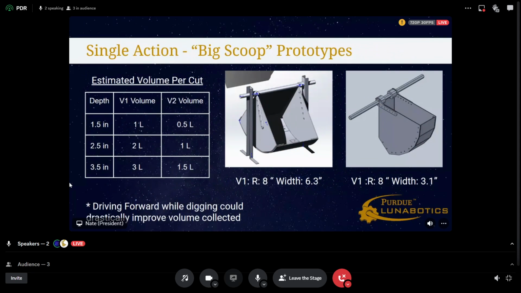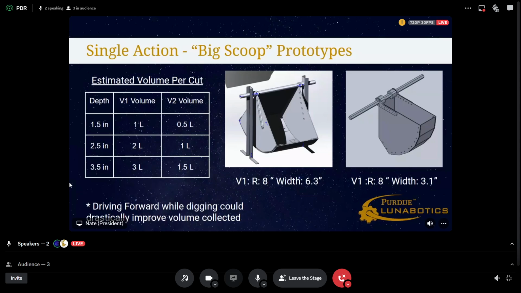So we made two prototypes. You can see the V1 and it should be labeled V2 on the left there. Basically, the first prototype, although it worked, was too big and required too much torque to actually mine into the ground. So we shrunk the system in half, as well as cut the trailing edge, as that increased the amount of torque we needed as it rubbed against the ground, to be able to get a full characterization of what torque would be expected on this type of system.